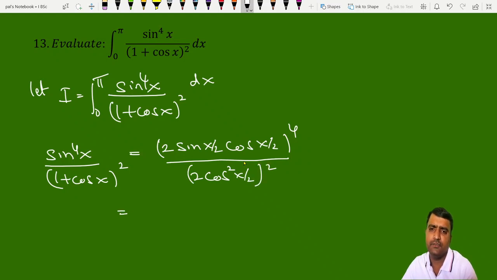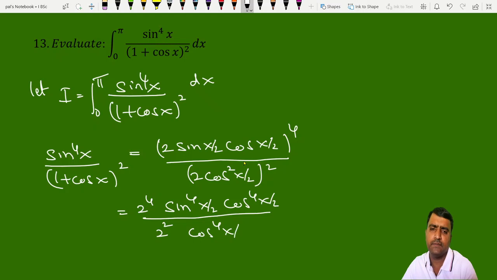So which is equal to 2 to the power 4 into sin to the power 4 x by 2 into cos to the power 4 x by 2, divided by 2 square into cos to the power 4 x by 2. So now we can cancel cos to the power 4 x by 2, and 2 square cancels with 2 square. So remaining is 2 square here.